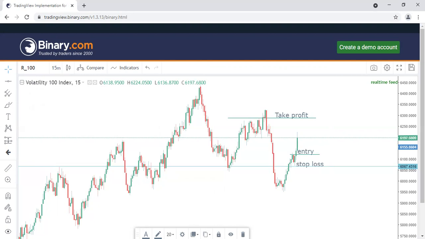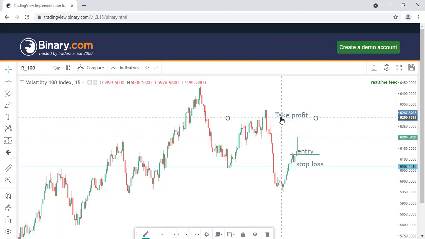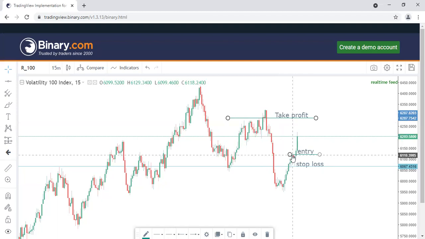So now, I already identified some of the salient points. This is take profit. Our take profit on this trade is arbitrary, so I'm just using this for an instance. This is our entry.